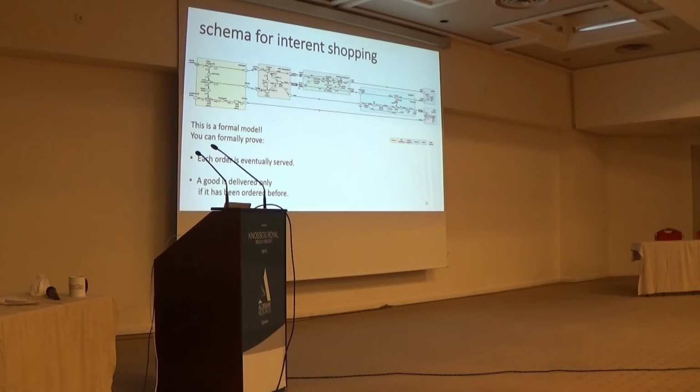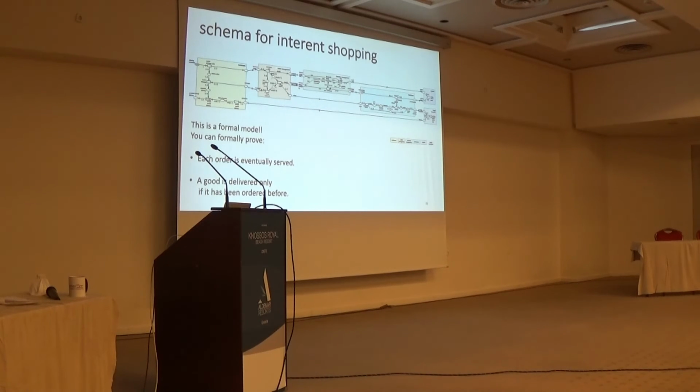This is mathematics. Okay? It's a graphical way of mathematics, and that means you can formally prove something. For instance, you can prove that each order is eventually served. That's what you hope as a client. Or a good delivery: something is delivered only if it has been ordered before. It's also important.